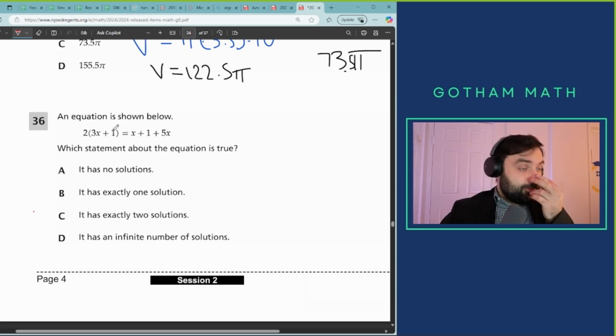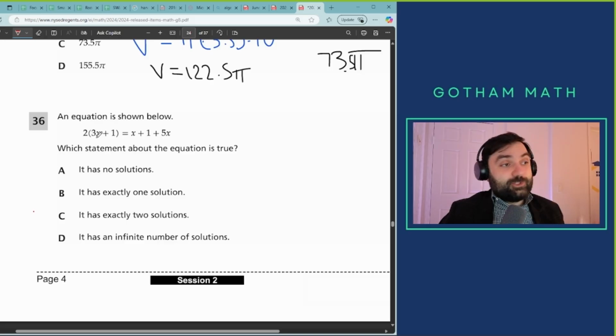We're going to use the distributive property on the left side and combine like terms on the right side, because we need to simplify before we'll be able to judge what it is. So, we're going to distribute 2 onto 3x. We're going to distribute 2 onto 1.